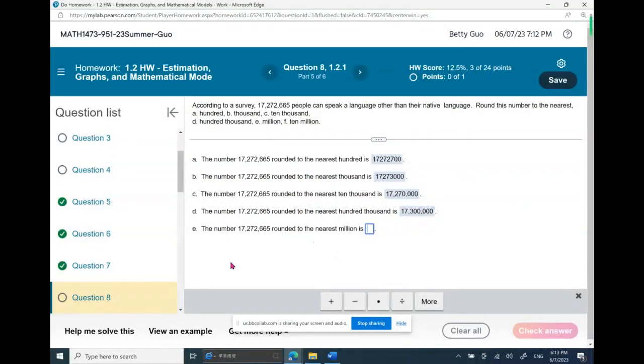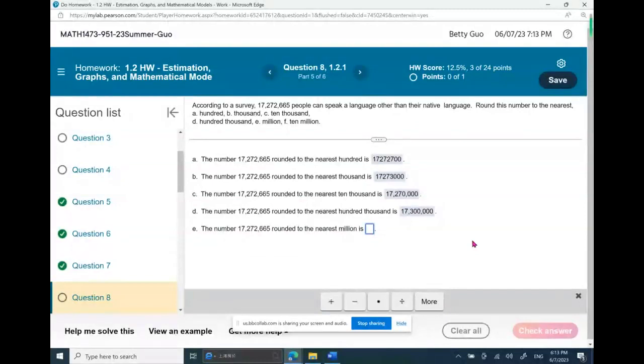And this time round to the nearest million. Million is this 7. Since the digit to the right of 7 is 2, we are going to round it down. When we round down a whole number, that means we are going to change all those digits to 0.